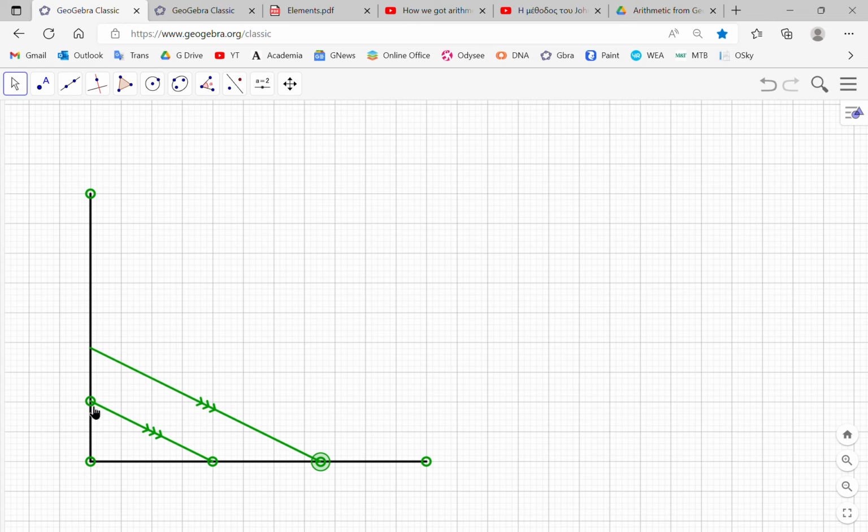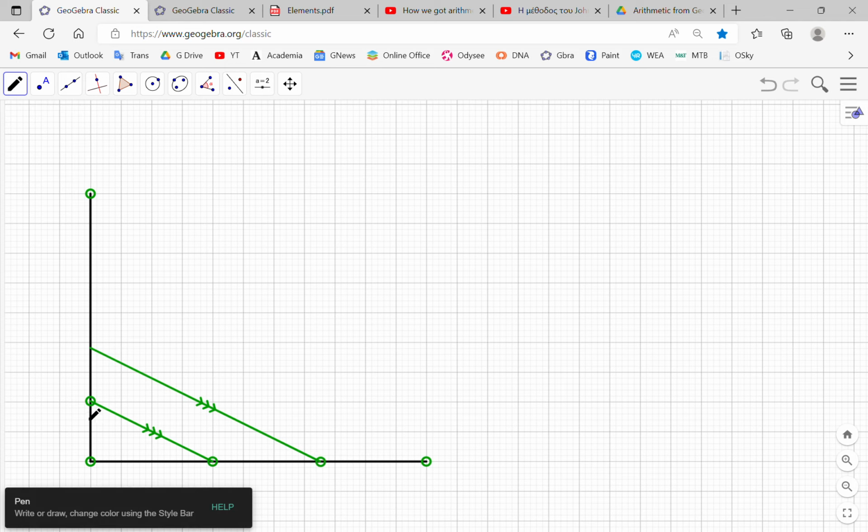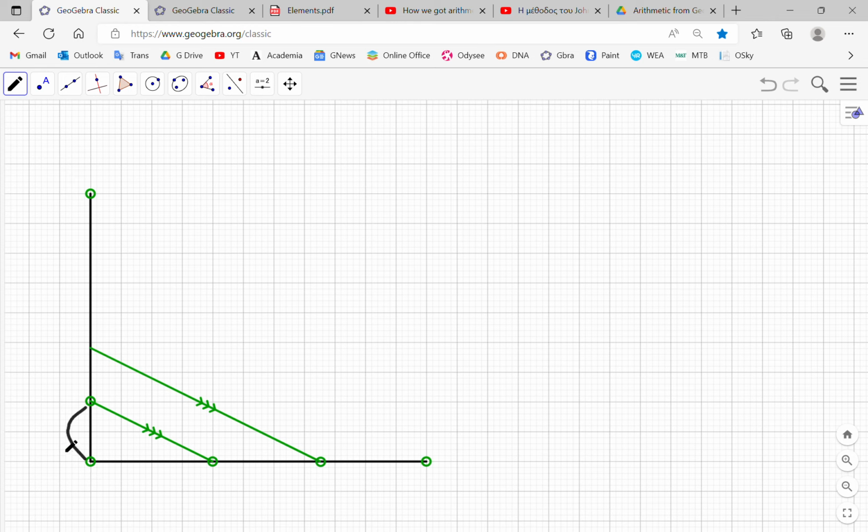If I let this line denote this ratio, and I call this the antecedent part of the ratio, let's say P, and I call this Q, my ratio is P to Q, isn't it? I can find any other ratio by simply moving this other parallel line to this one.